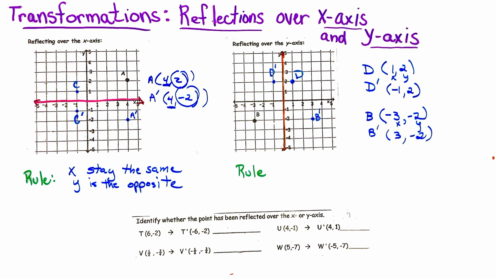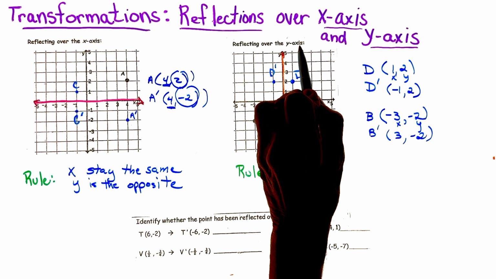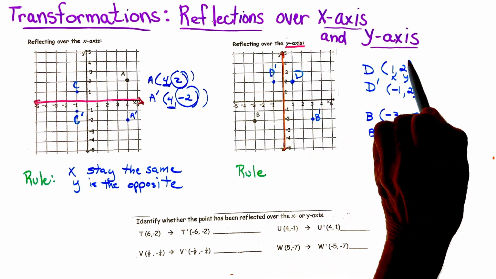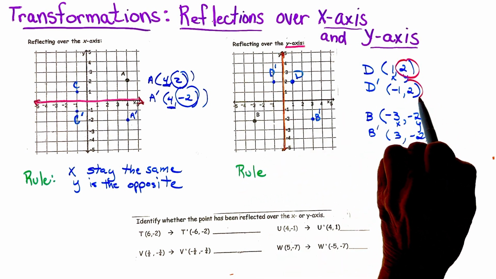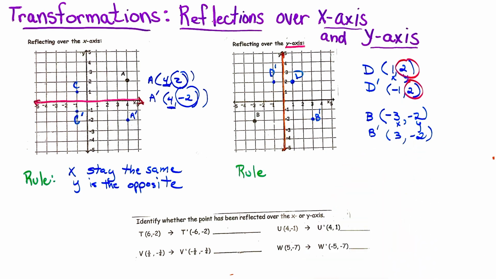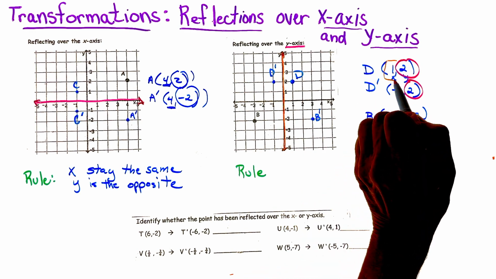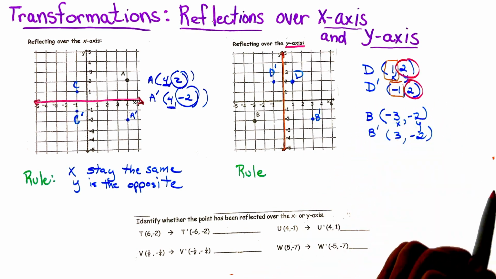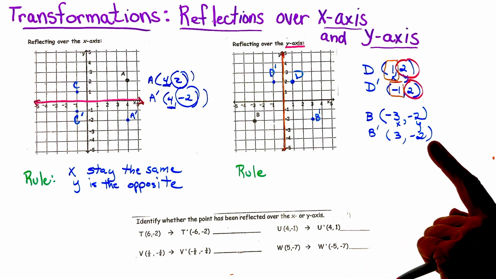Do you see a pattern? With this one, when it's reflected over the y-axis, the y's stayed the same, but notice what happened to our x's: they became opposites. We can double check this one.